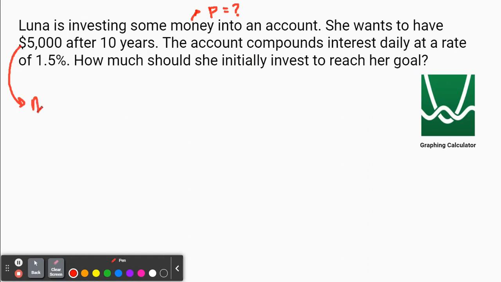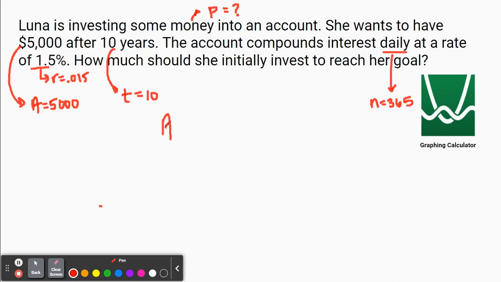So she wants her future value to be $5,000 after 10 years. The account compounds interest daily. So in this case, we need our first equation, and we need n to be 365. Finally, her rate is 0.015. So we want to know how much that initial investment should be to make this happen.